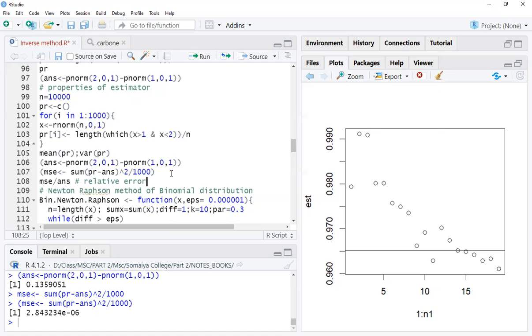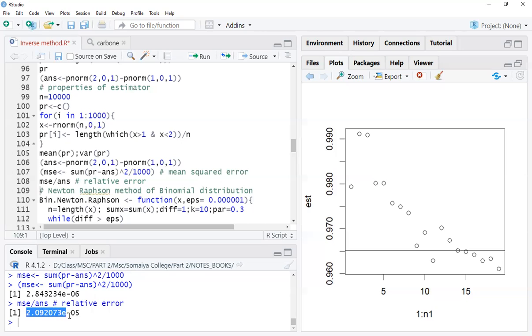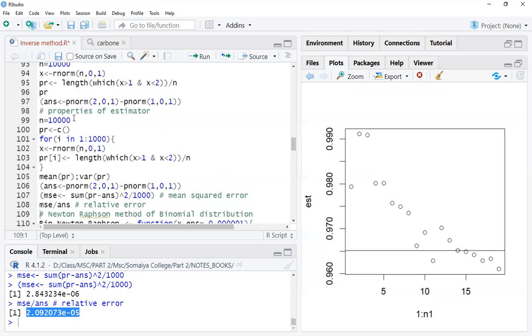This is your mean squared error. Okay, get this answer. So almost this error is tending to 0 as n tends to infinity.